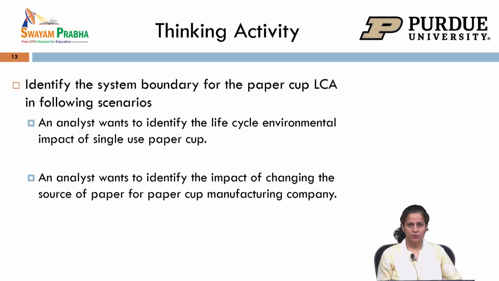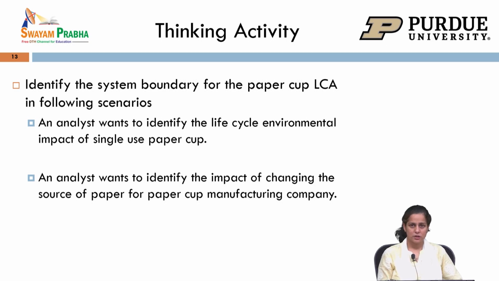So, let us quickly do a thinking activity. Go back to the attributional LCA and consequential LCA definitions. As we said, based on the goal of the LCA, it is either attributional or consequential, and based on that your system boundary will change. So, what you need to do is identify the system boundary for the paper cup LCA in the following scenario. We have already seen the system boundary for paper cup LCA in the past, two different system boundaries.